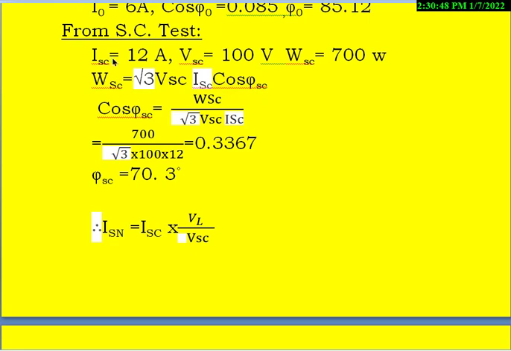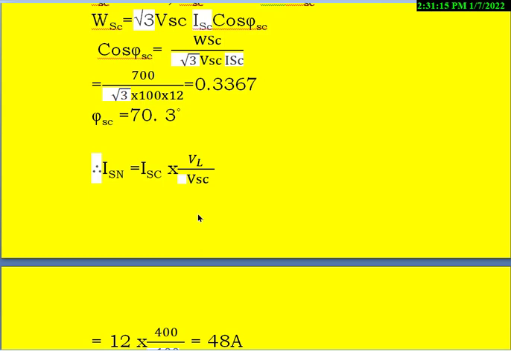And we want to know the blocked rotor current or short circuit current when the rated voltage is applied to the motor, that is mentioned as ISN, which is nothing but ISC divided by VSC into VL. So for VSC of 100 volts, the current flowing is 12 amperes.